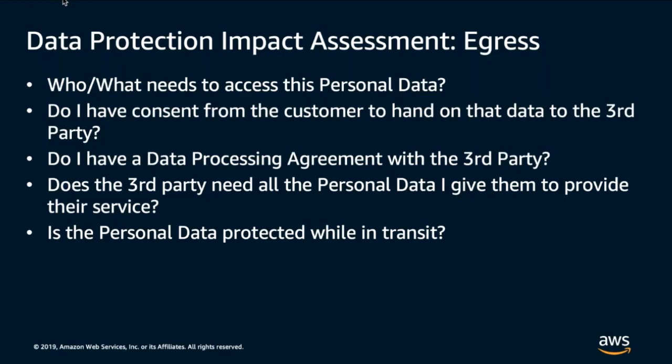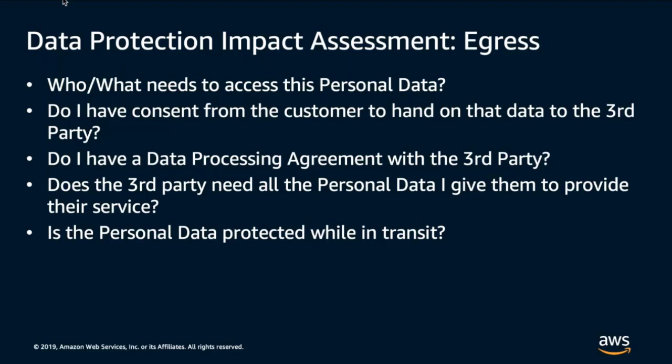So when we look at egress, imagine also that you need consent from the customer to hand data on to third parties. This often takes the form of a terms and conditions when someone finally signs up to a website, but you need to make it clear to that person whose data you're collecting about who's going to have access to that data. And this may also have implications if you're handing data to someone who's in a different country.